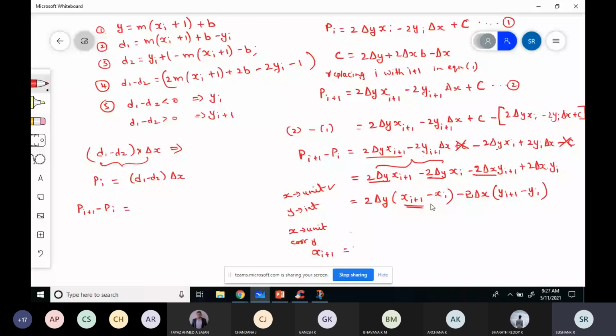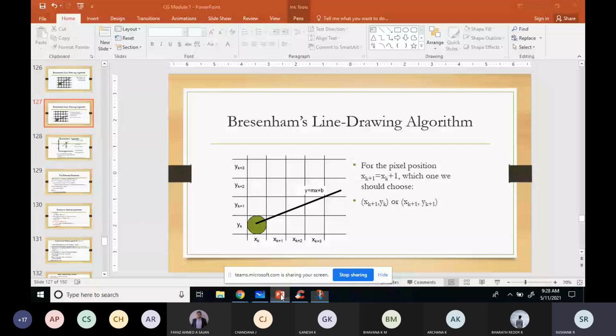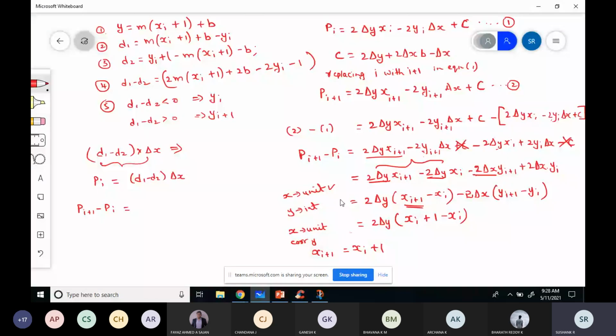x i plus 1, because x is moving in unit interval. So what this equation will become is x i plus 1 minus x i. See, here I have written it now, like this formula. But we cannot write it for y, because we are calculating y incrementally, so it is not moving in unit interval.